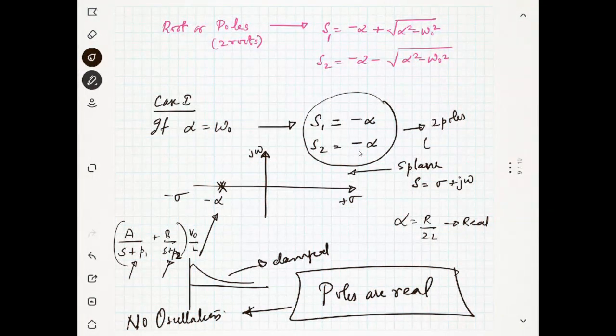If the roots are the same, what will be the situation? If both are equal, then the situation will be different. We cannot say it is overdamped. Actually, both poles being the same means it's a critically damped system.